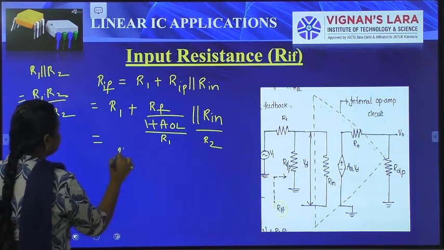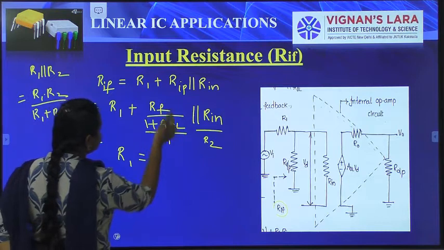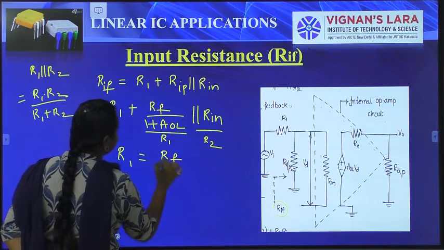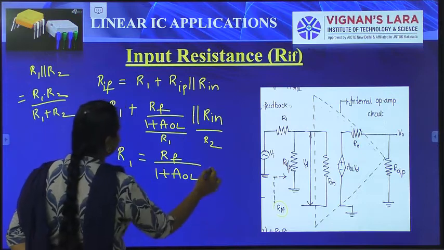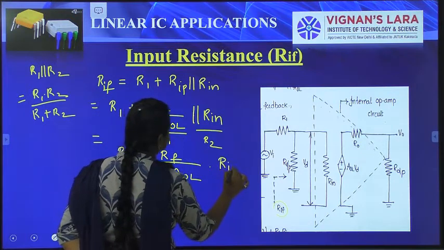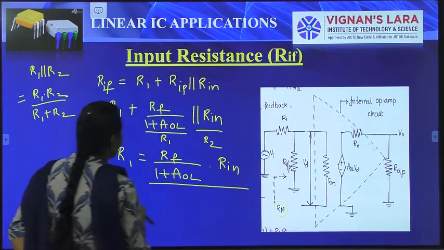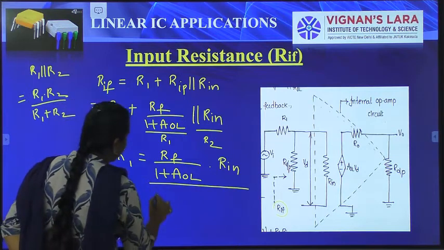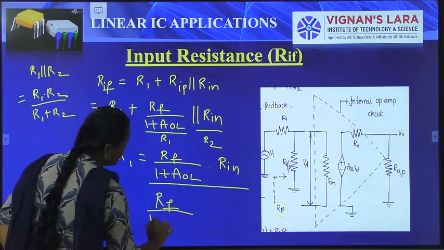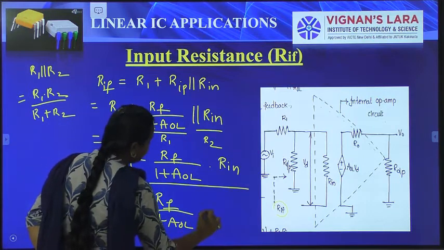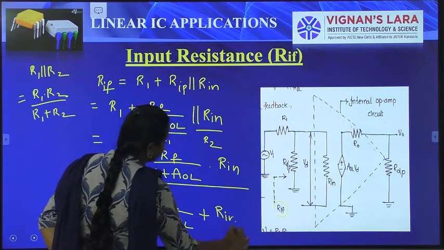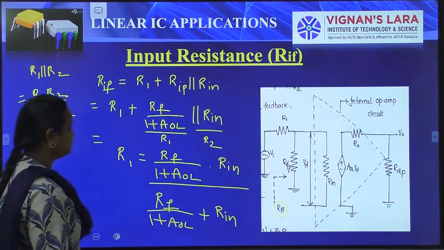So R1 is RF by 1 plus AOL, and R2 is Rin, so we get RF by 1 plus AOL into Rin by RF by 1 plus AOL plus Rin. We can get like this.